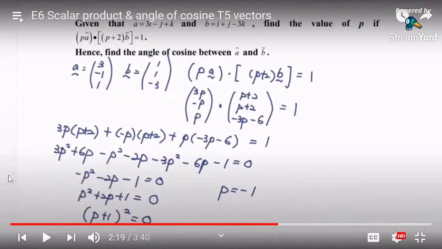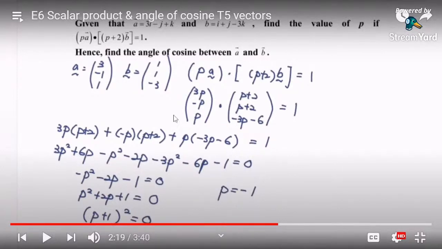Okay, so untuk bahagian pertama ini, iaitu saya gunakan dot, okay, skala produk untuk menjawab soalan iaitu find the value P. Itu yang pertama. So sekarang saya dah dapat value P dah.